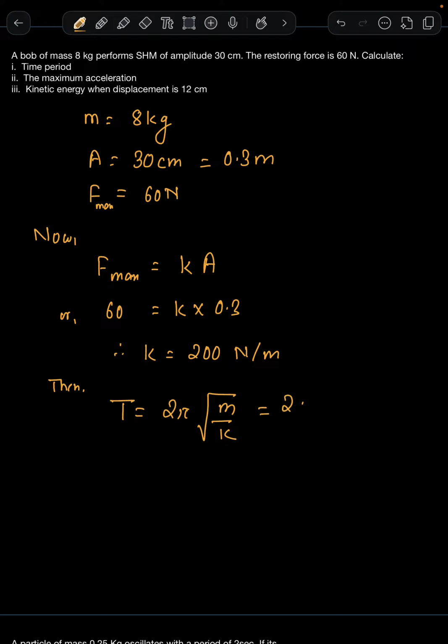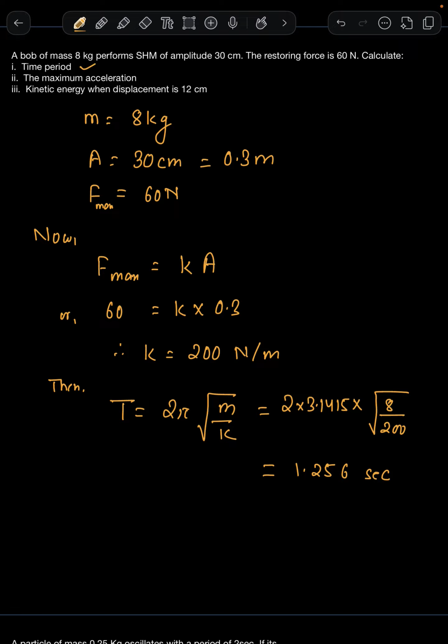Let us put the values: 2 into 3.1415 into mass 8, force constant 200. Solving this, we get about 1.256 second. So time period is calculated.